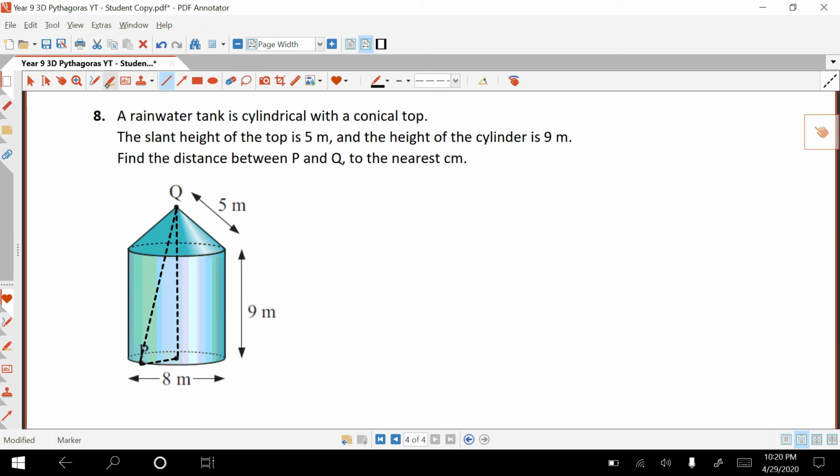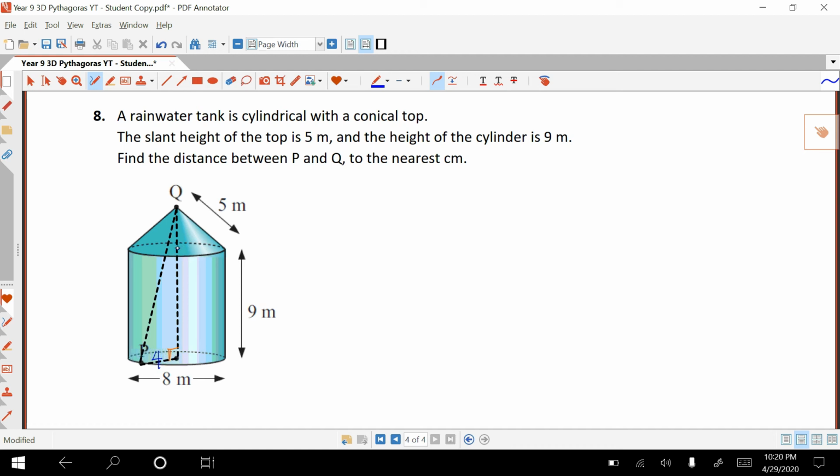In fact, this triangle here is a right angle triangle. Well, let's look at some measurements. So basically, the diameter of the base is 8, which means that the radius will be 4. So this length here is 4. But we need the height to find PQ. Now, to find the height, consider this.